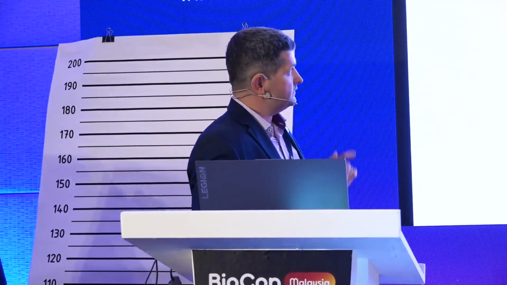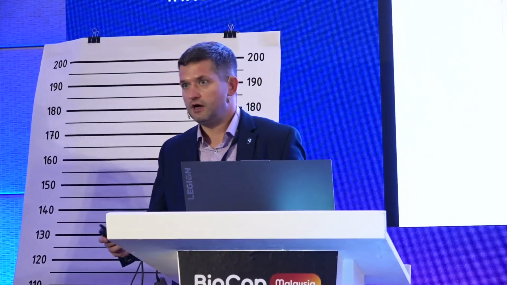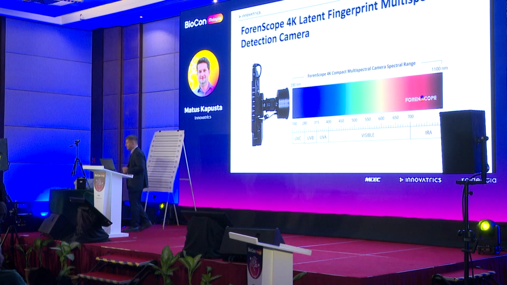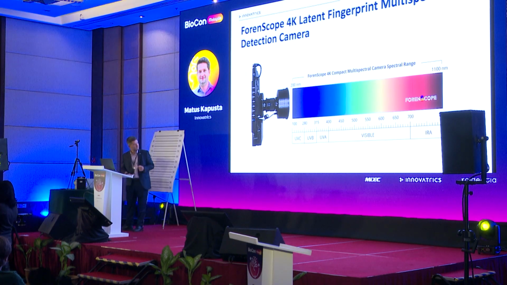So what we will do now, I will try to show you how it works on a crime scene. So now I need my forensic expert, whom we will welcome, please, and he will capture the fingerprint directly from the crime scene.